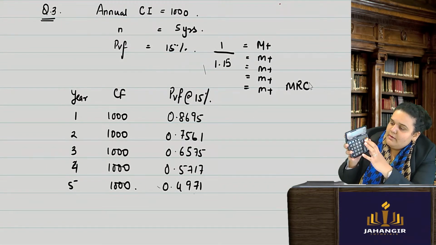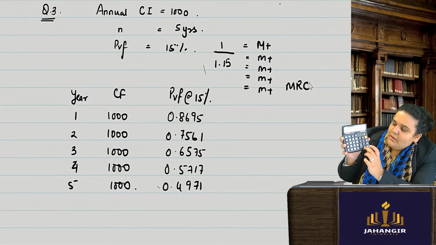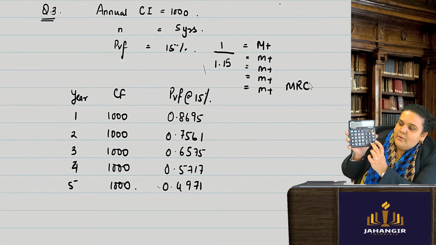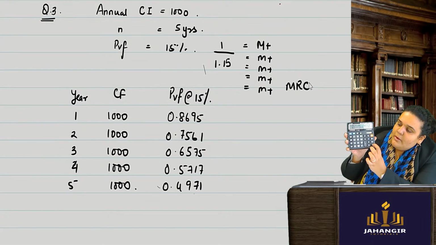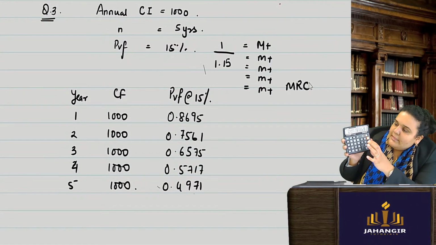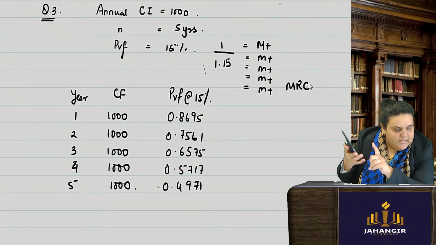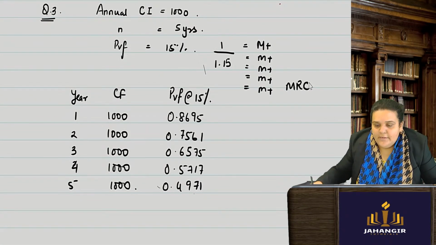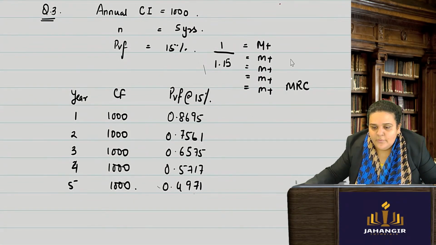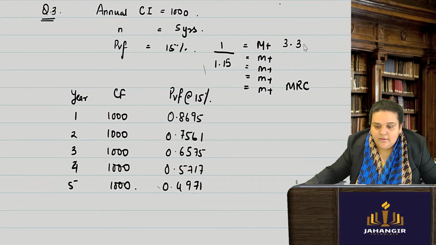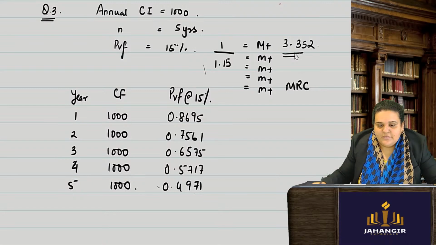Do 1 divided by 1.15. Use your 2 fingers, equal to M plus 1 time, equal to M plus 2 times, 3 times, 4 times, 5 times, 5 years, and then press MRC. You will get the cumulative factor, 3.352, the cumulative discount factor.